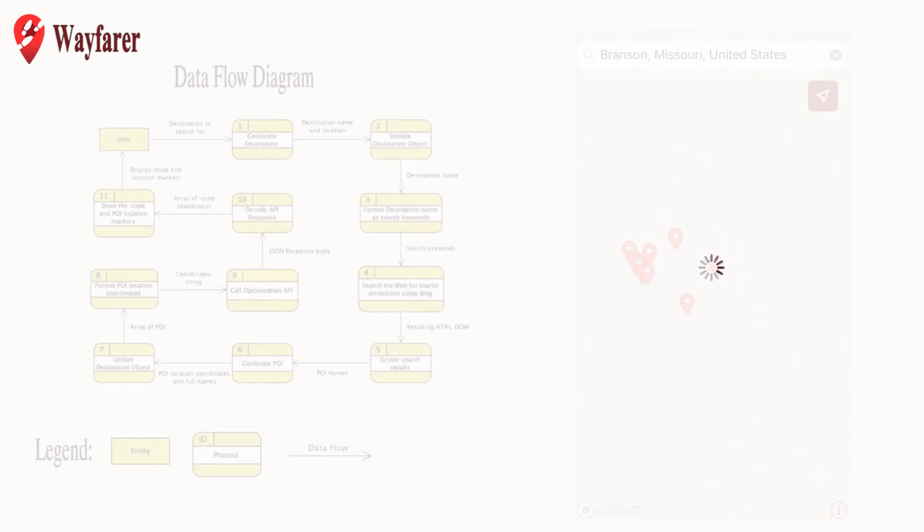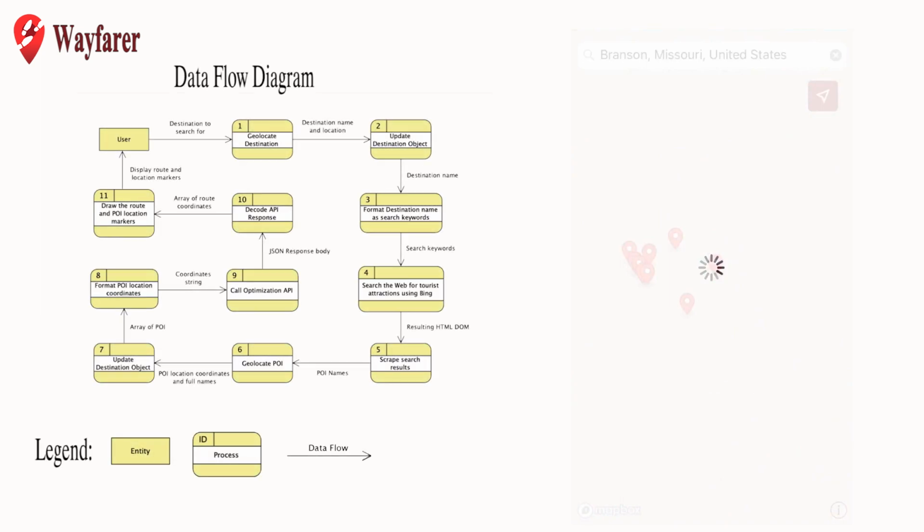Here is what makes Wayfarer special, and the reason why I used waterfall methodology. Normally, the loading screen would go away after a few seconds, but I will slow it down for a moment so we can look at what is happening behind the scenes. By selecting the destination from the list of suggestions, I already know the destination name and location. Location is a pair of latitude and longitude coordinates.